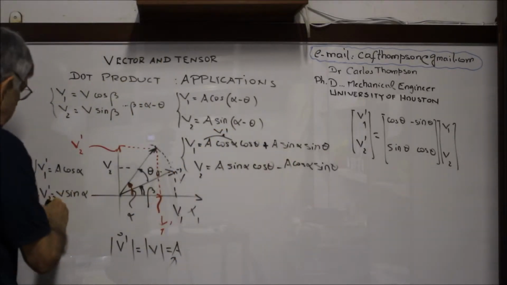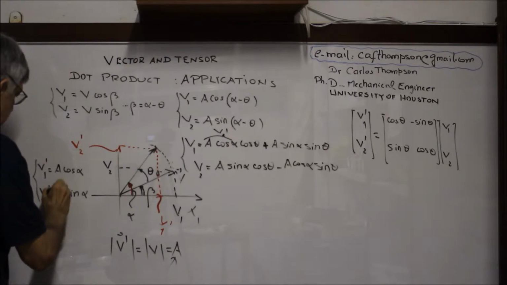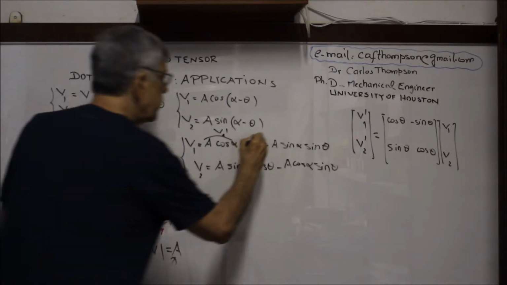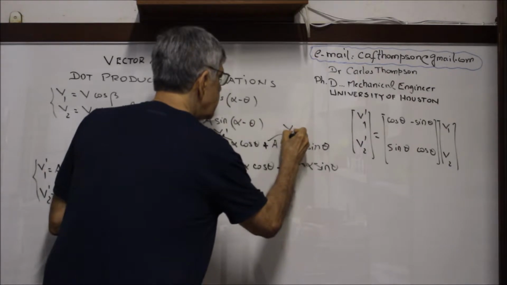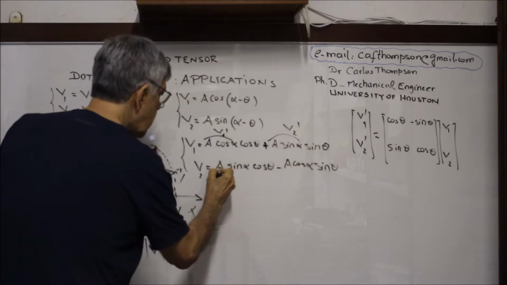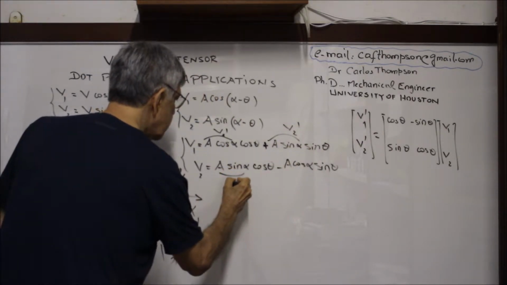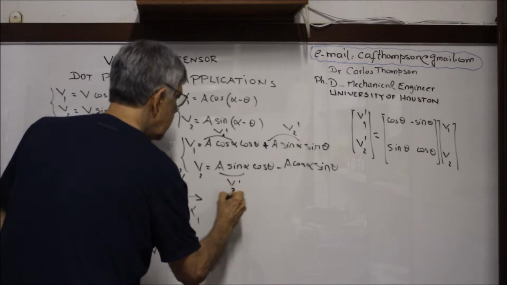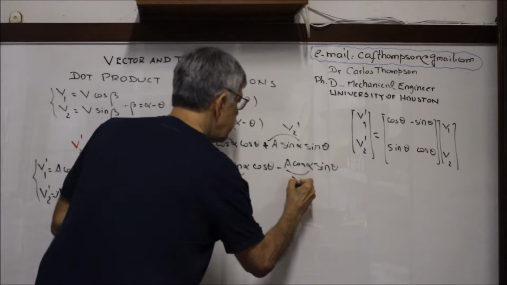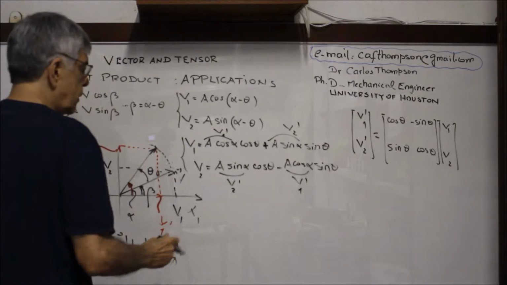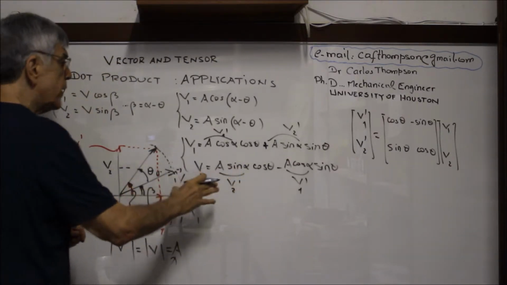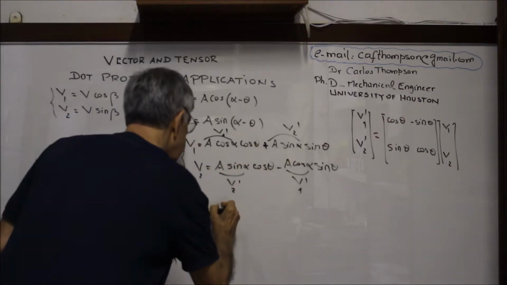A sine alpha is V2 prime. Likewise, this is V2 prime, and this is V1 prime. Now we are ready to write the matrix.